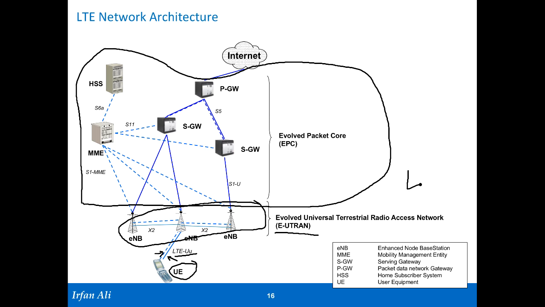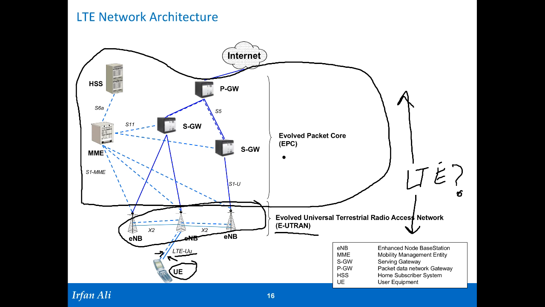Now, what is LTE? So now where is LTE? The thing is, LTE is actually a commercial term which is typically not used in the standards specifications themselves. To most people, the entire LTE system means this entire system, but as I said, this term is not really used in specifications.